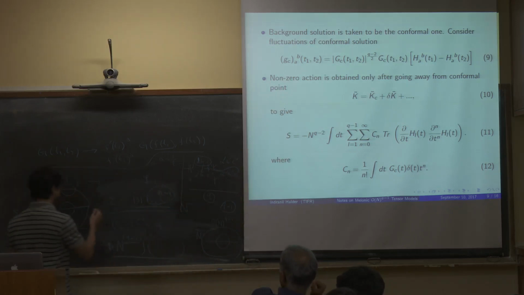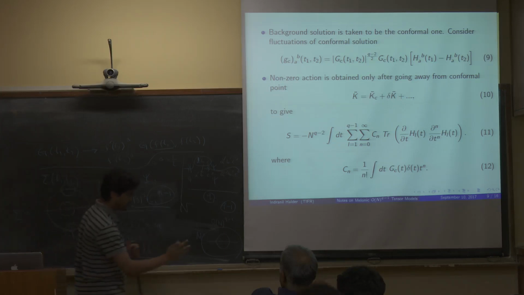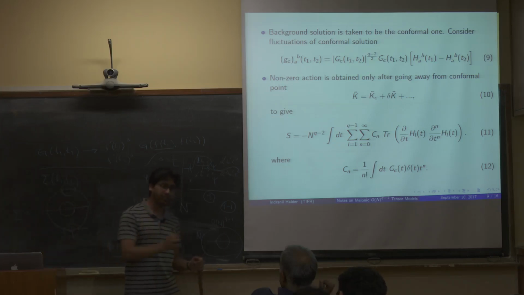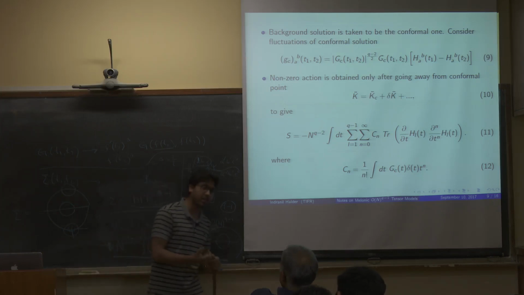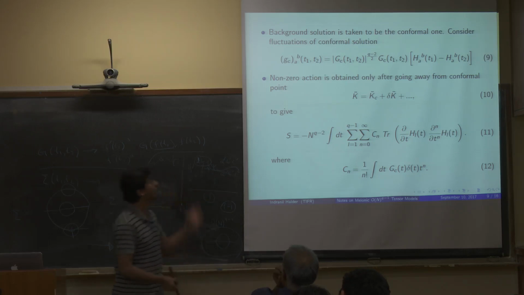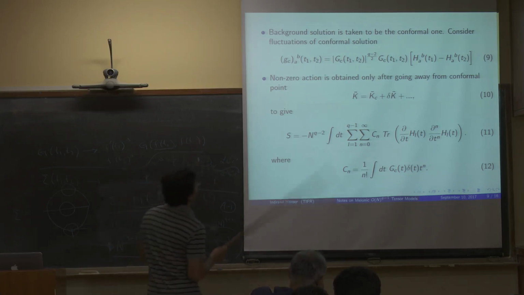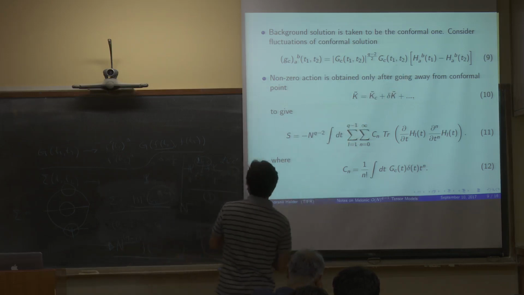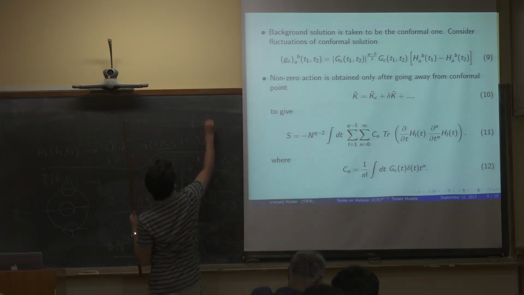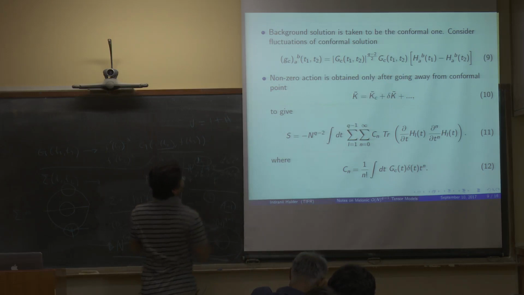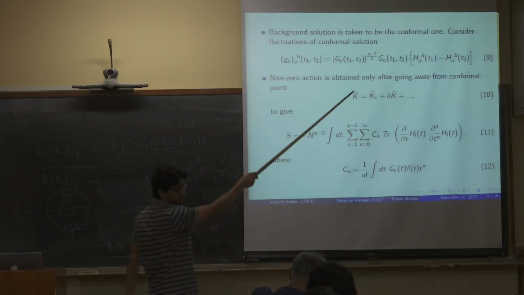So at J equal to infinity you had these conformal solutions, then you rotate them with this v, and you will get some change which I am treating as fluctuations. For this particular class of fluctuations, if you evaluate the action in the conformal limit, you will just get a 0. Here h is this, so my v is like 1 plus h. I am taking some infinitesimal transformation, an infinitesimal rotation.